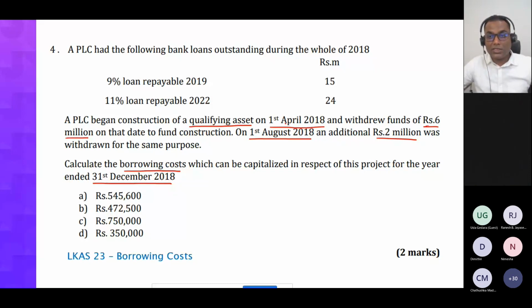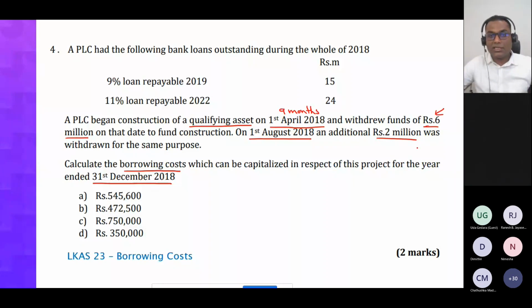If you look at the first investment, 6 million was withdrawn from the borrowing pool and invested on 1st April 2018. Now how many months from 1st April 2018 to 31st December 2018? You have a 9 months period. So from this date onwards, 9 months.